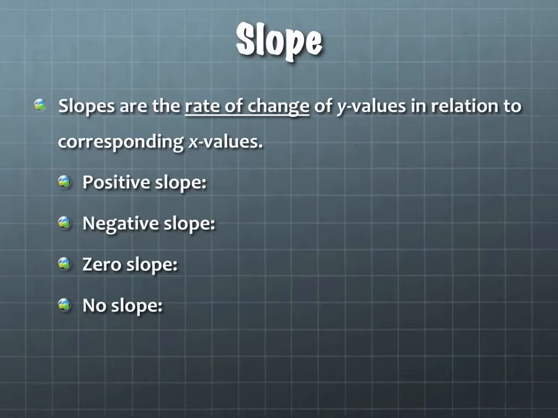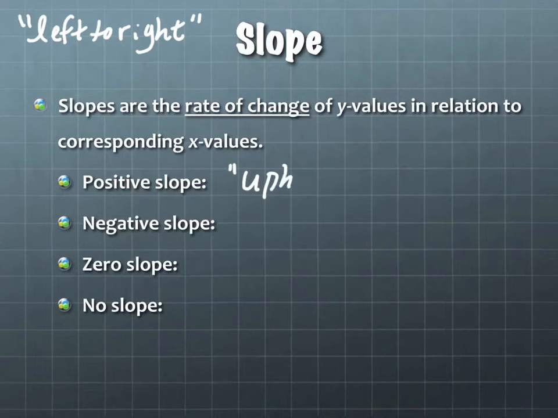It's a relationship. So a positive slope, we always read a graph the way we would read English, from left to right, okay? So when I'm reading a graph from left to right, if a graph has positive slope, we think about it going uphill.